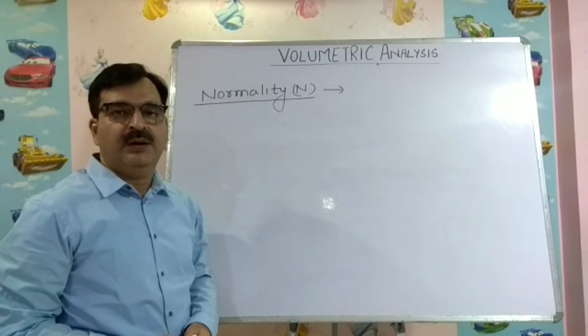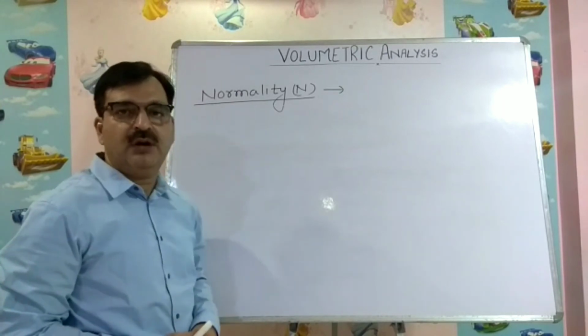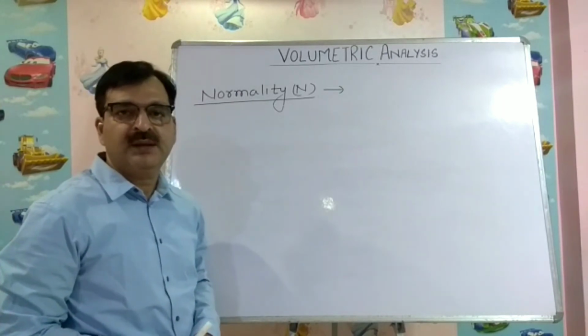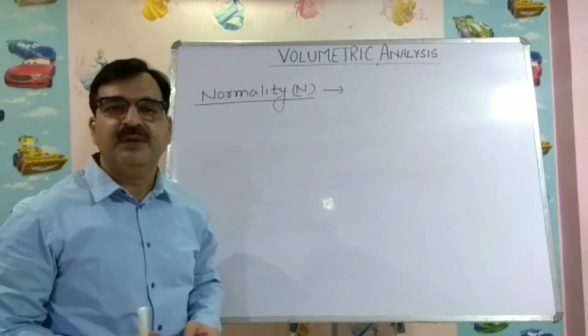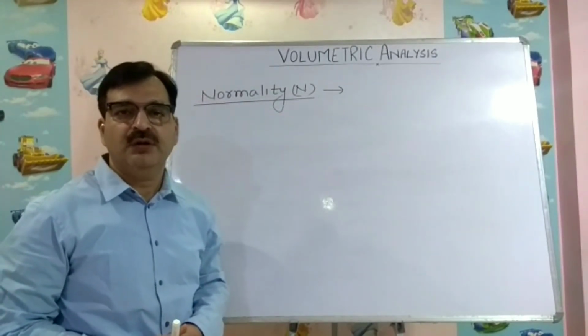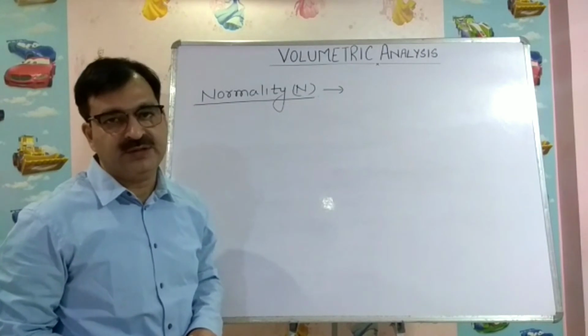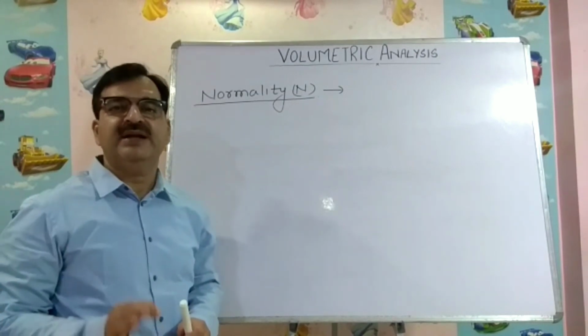Now here we have the next term, that is normality of the solution. It is represented by capital N. It is the number of gram equivalents of solute dissolved per liter of solution. Equivalent weight is the new term.